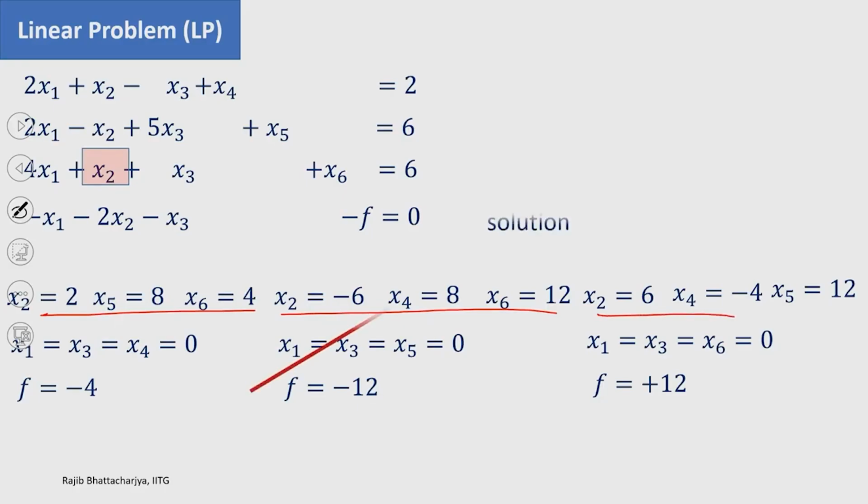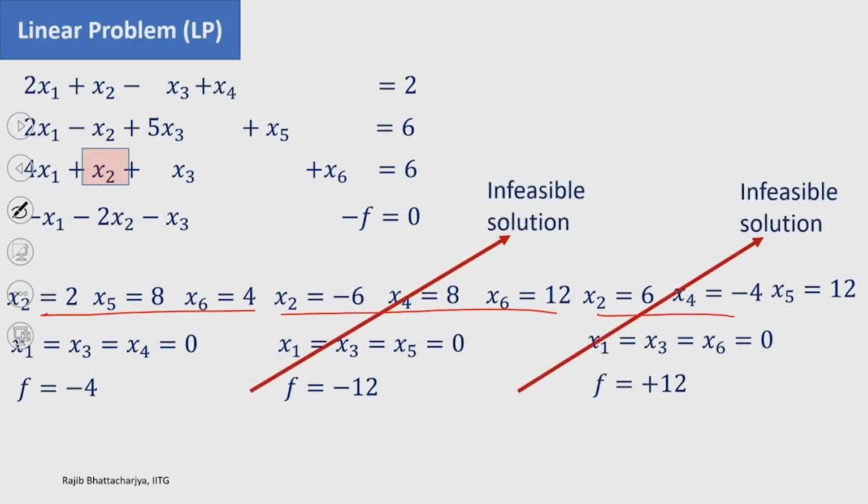Okay. As I said, this is an infeasible solution, and this is also an infeasible solution, because here x2 equal to minus 6 and here x4 equal to minus 4. So, that is not acceptable, because all these decision variables should be positive.